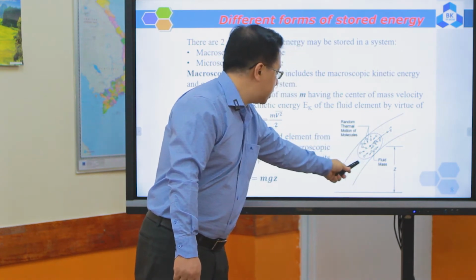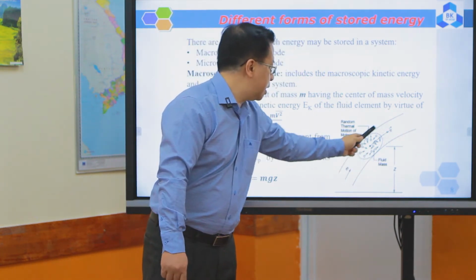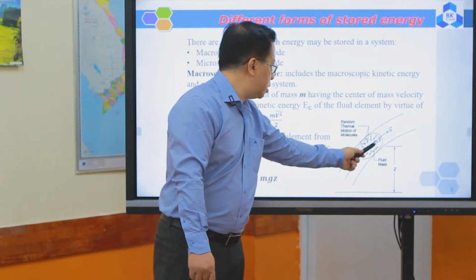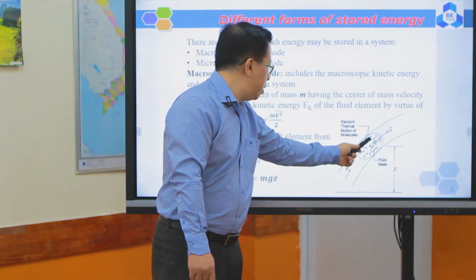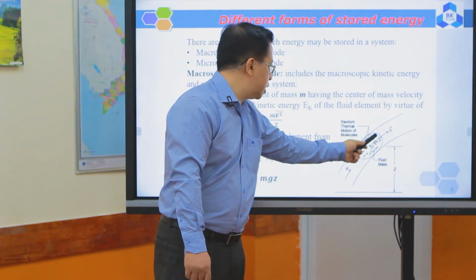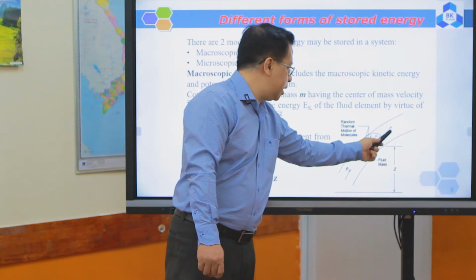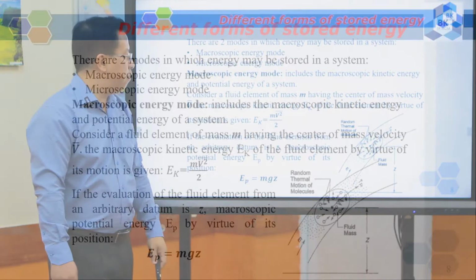Look at that example. We've got the fluid mass going in the pipe, and in this one all the molecules just move randomly, and there's a velocity in the middle. We have the v bar.